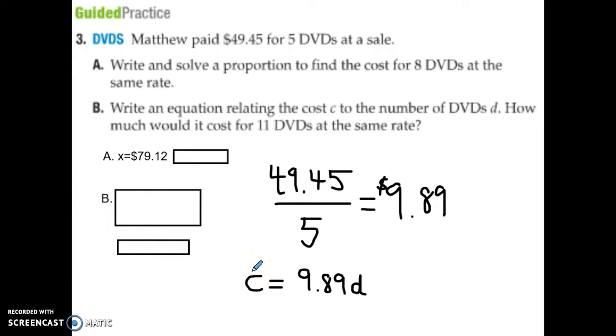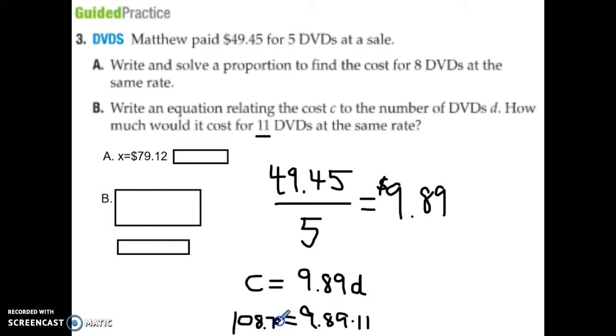How many DVDs I buy, I multiply by $9.89. They want to know 11 DVDs, so I plug in 11 right here. $9.89 times 11 gives me my cost. No multiplying or dividing needed, I already took care of that by doing this equation. $9.89 times 11 is $108.79.